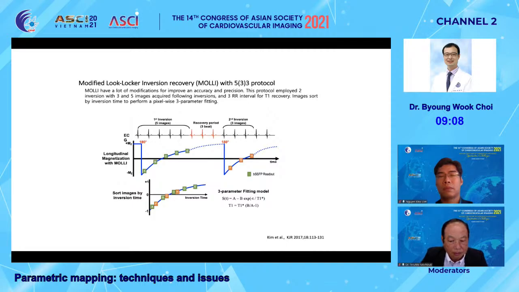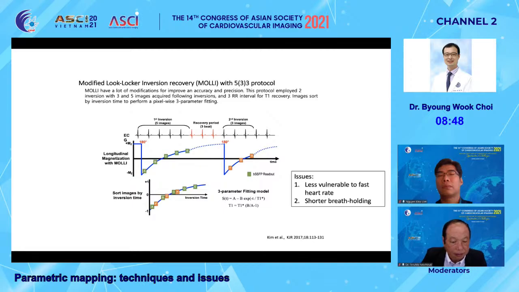Images are sorted according to inversion time to perform a 3-parameter fitting. Compared to the original MOLLI with the 3-3-5 protocol, modified MOLLI with the 5-3 protocol is less vulnerable to fast heart rate and reduces the scan time to shorten breath holding time.